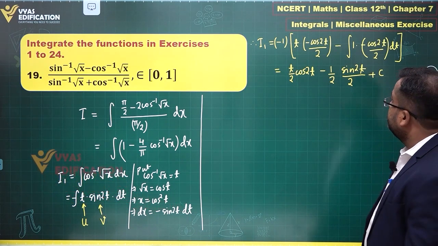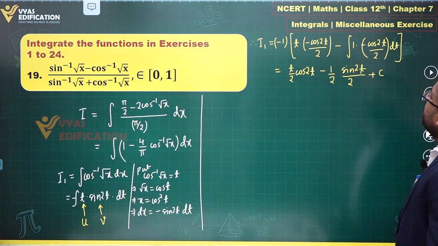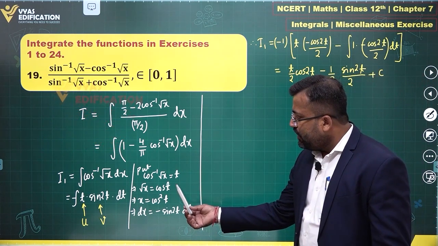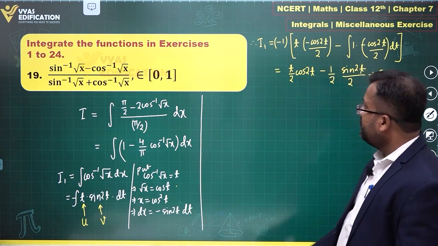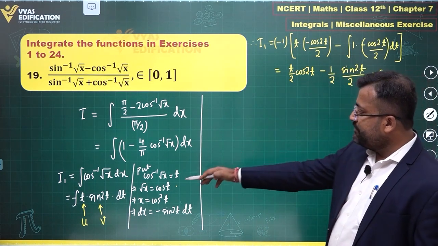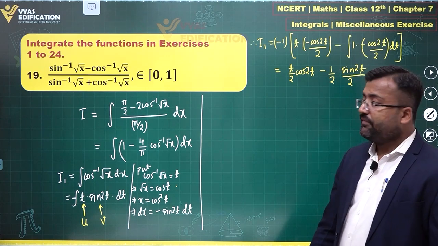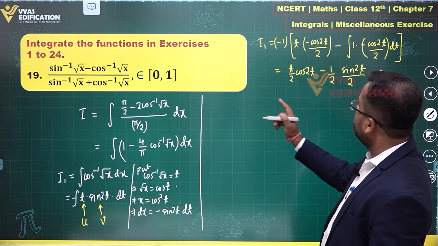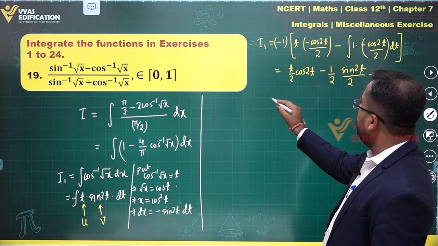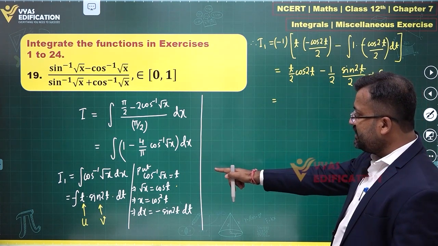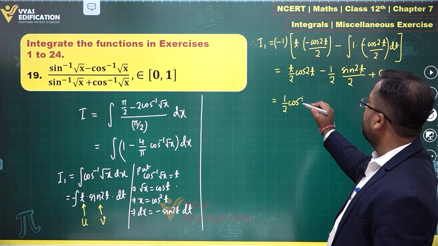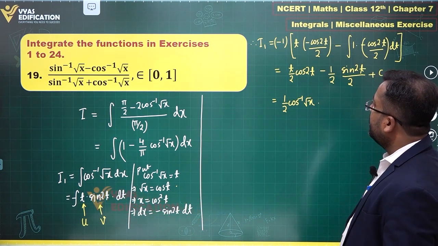Is that okay? Okay. And what about these cos 2t and sin 2t? We have cos t as root x, so I can write cos 2t and sin 2t in terms of cos t and then substitute root x. So this I1 will be equal to t by 2, where t is cos inverse root x, so 1 by 2 cos inverse root x times cos 2t.